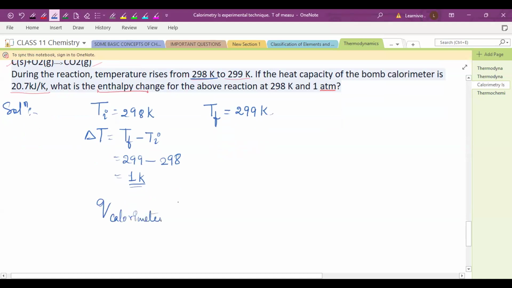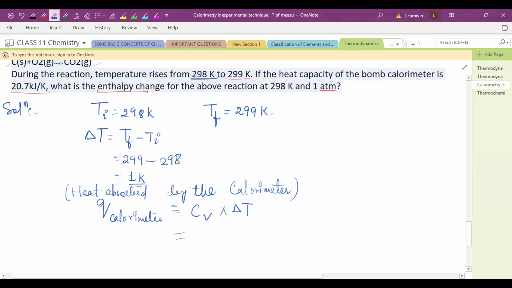How much has the calorimeter absorbed? If heat is absorbed, what will the sign convention be? It will be positive. And what is the formula? Q calorimeter is Cp into delta T. Because it's a bomb calorimeter, we will talk about constant volume, so it's Cv multiplied by delta T.